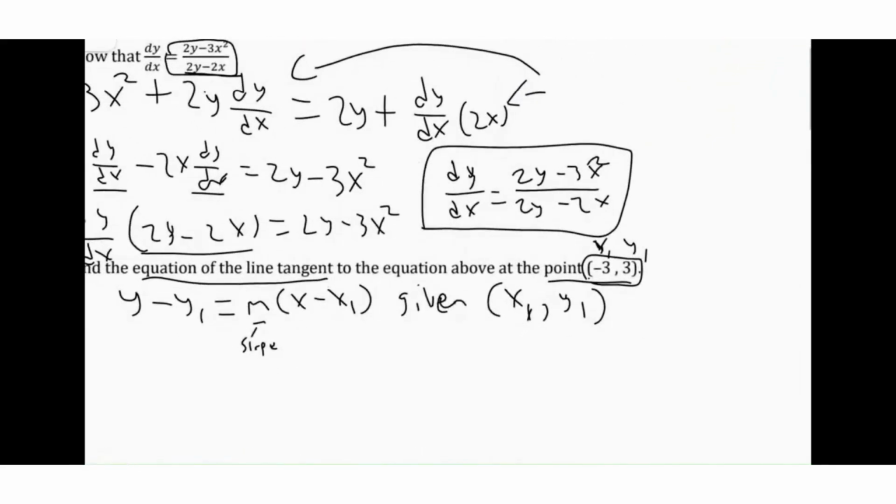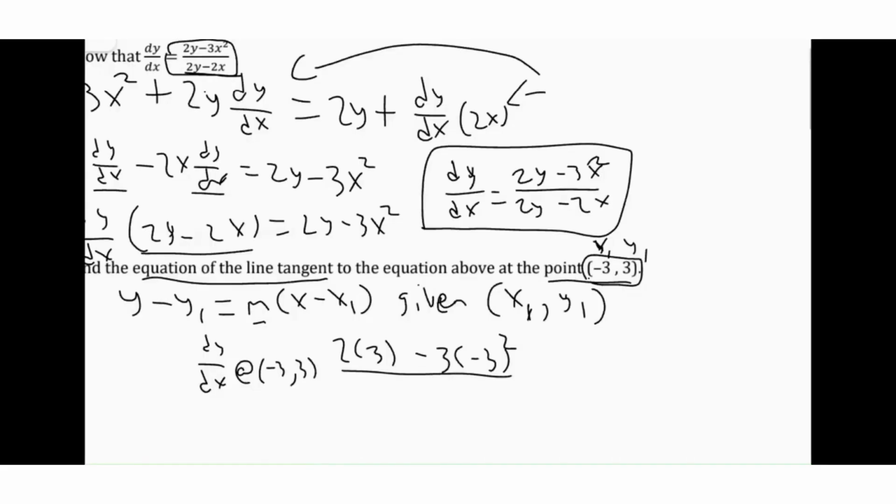So you'll get 2 times 3 minus 3 times negative 3 whole squared. And just for our AP grader, we're going to label the fact that we're evaluating dy dx at negative 3 comma 3.